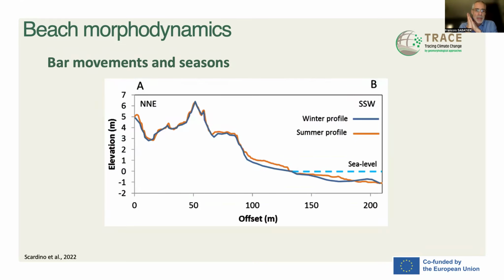You see that the sand is accumulated during the winter condition on the bar. And during the summer, the sand is coming back, is moving onshore, close to the shoreline, and like this, the beach is bigger.